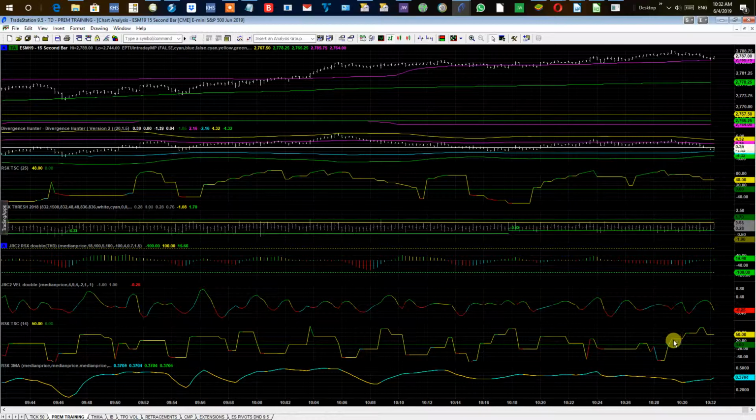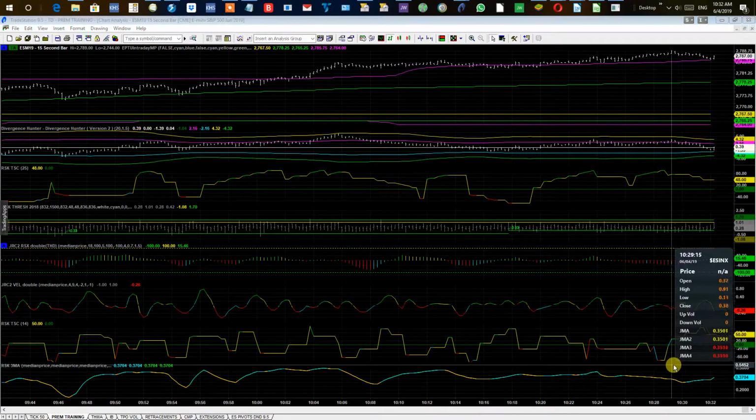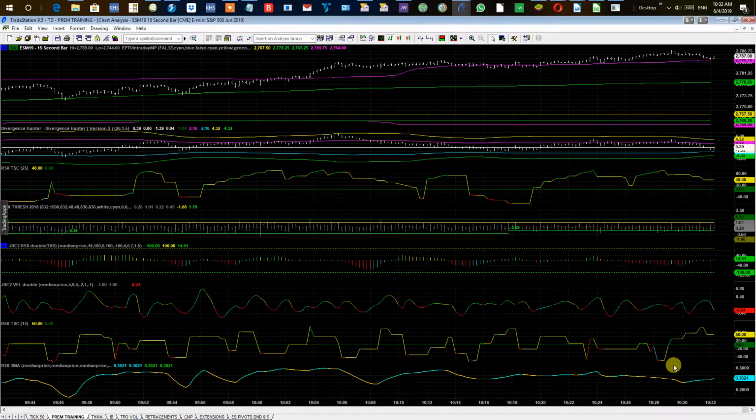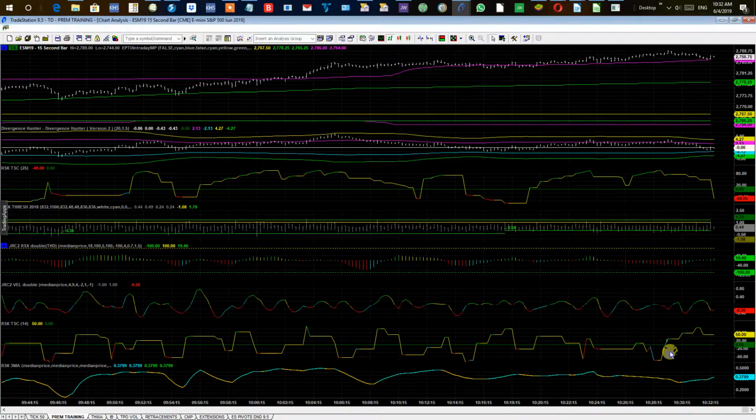Now, this stepped up. But although we were a little higher here, and I suspect we're going to go back up and we're going to test this high.